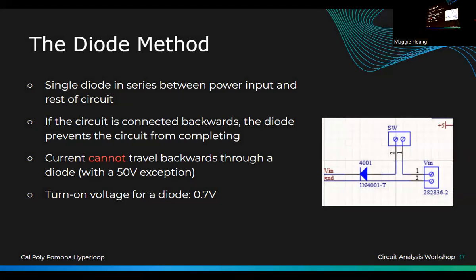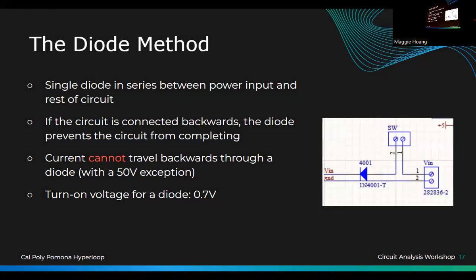But the bad thing about this one is, let's say you have 9 volts. As I explained earlier, to go through here, there is a price you have to pay, which was about 0.7 volts.